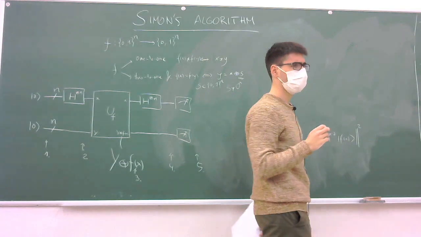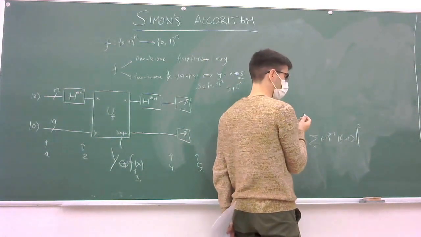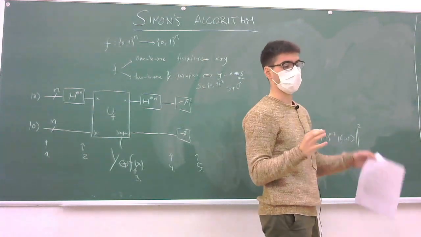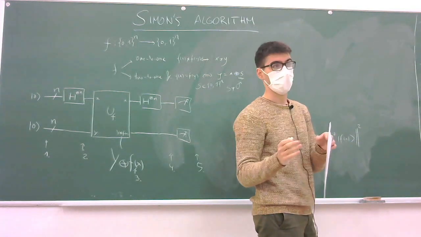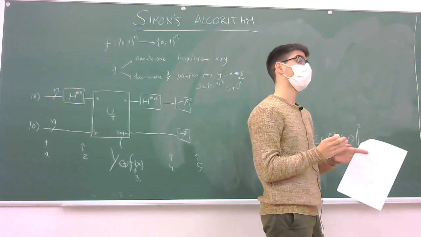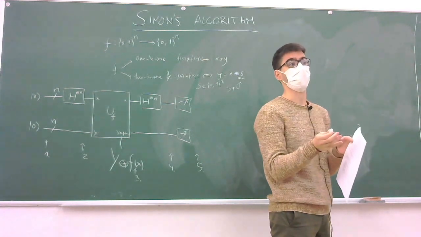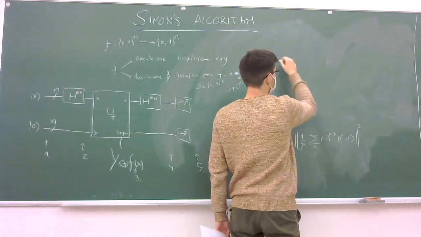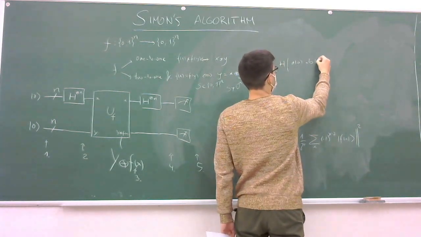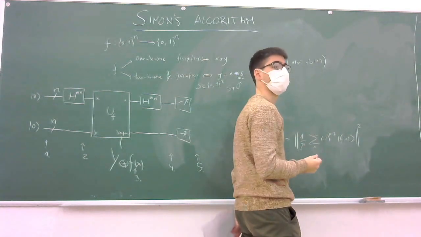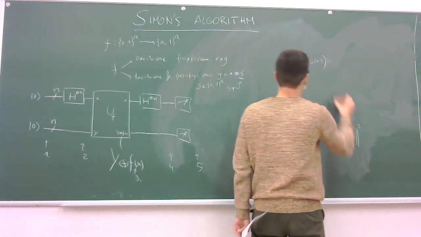If you're in a superposition, the easiest way to apply the Hadamard is to represent your state in the computational basis and apply the Hadamard to each of the states of the computational basis. And that's what we were doing with the sum in the previous case.